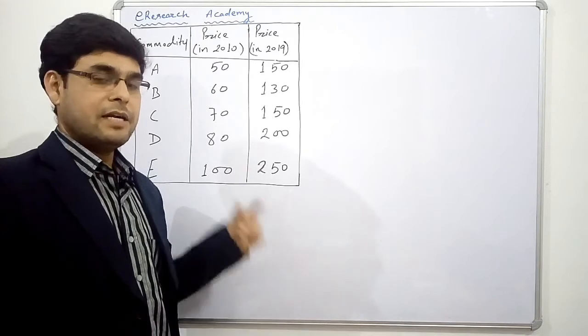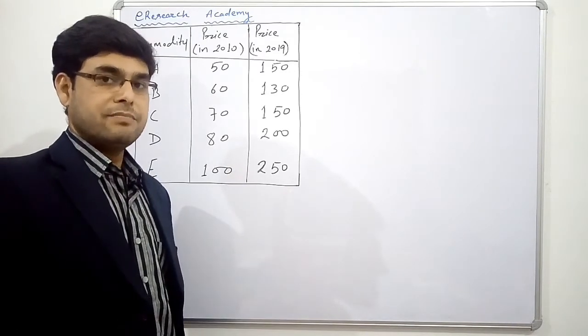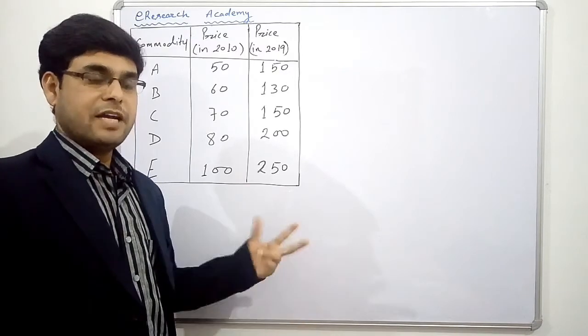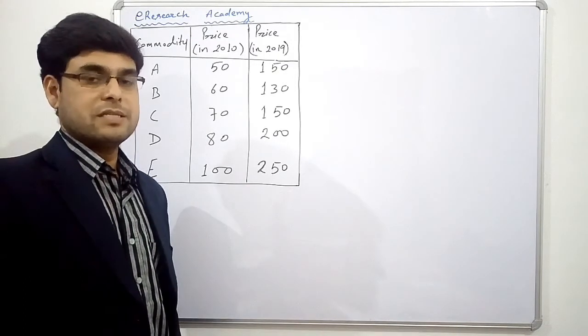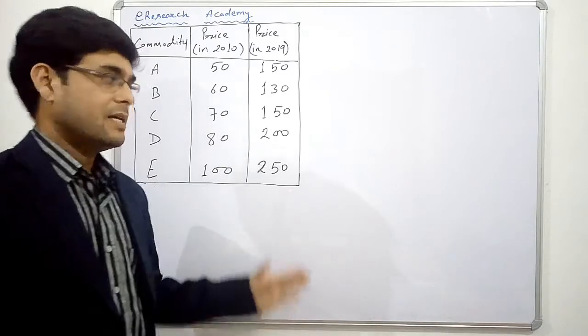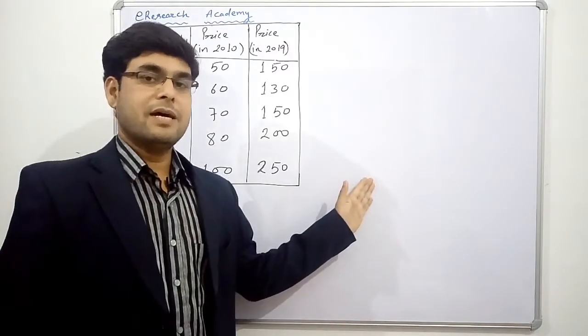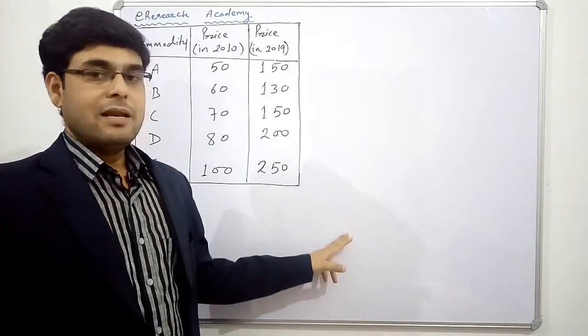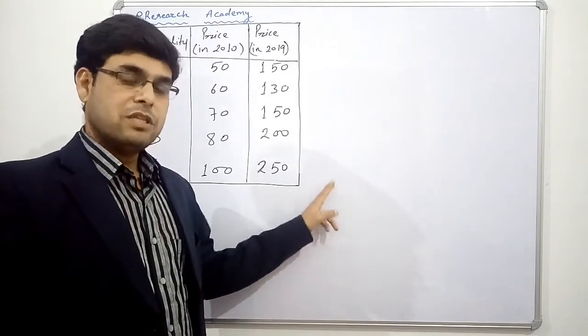Under this method we again have two methods to construct the index number, first by the arithmetic mean and second by the geometric mean. We will discuss both methods here.